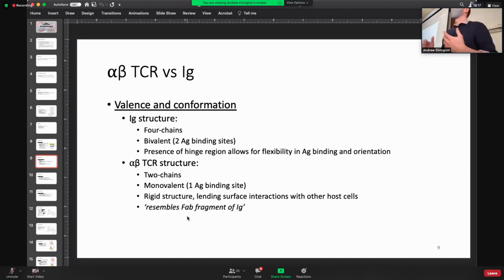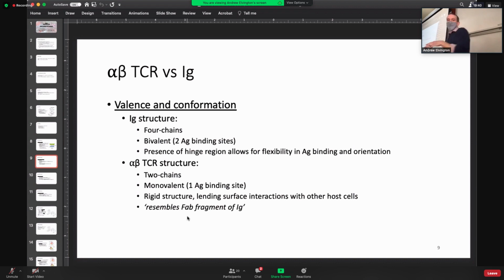And because it has no hinge region, we consider it much more rigid. That sounds bad, but the rigidity of a T cell receptor actually makes it much stronger at interacting with other cells, because the T cell receptor needs to see MHC, and both of those molecules are rigid. So it makes a nice firm lock when they match up.